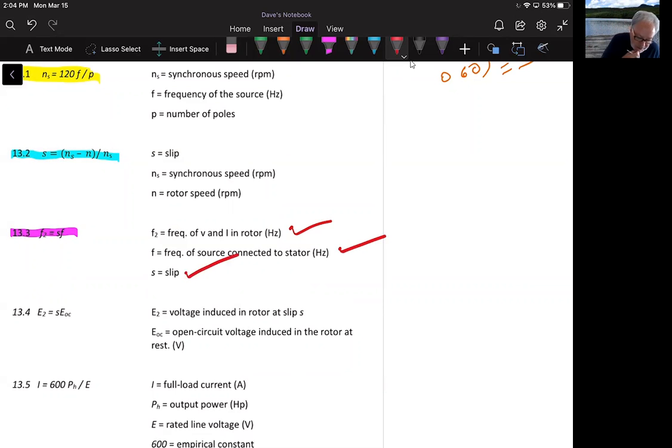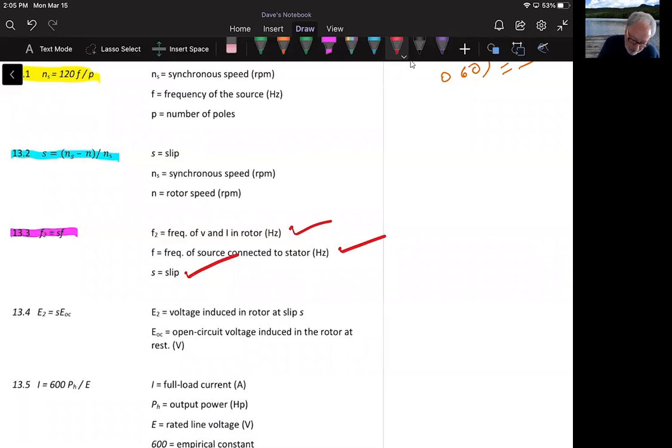So that allows us to do yet another kind of problem, where we can determine what the frequency of the voltage and current in the rotor would happen to be. Now, those will always be the same. We don't get into differences in frequencies, voltages, and currents when we talk about 3-phase induction motors.